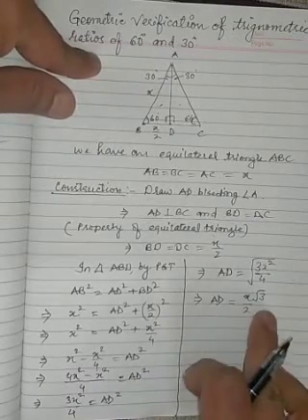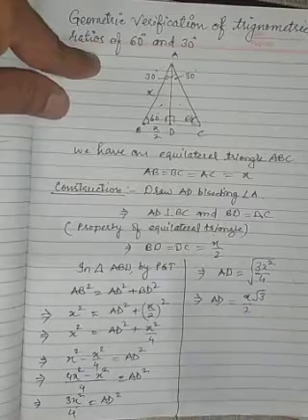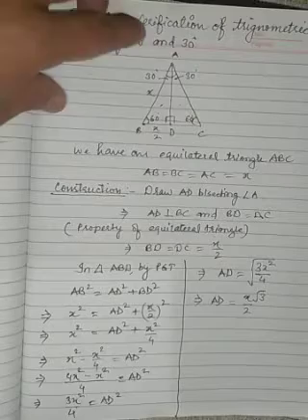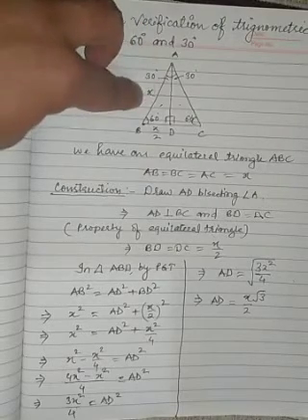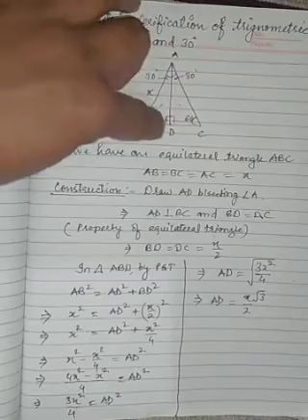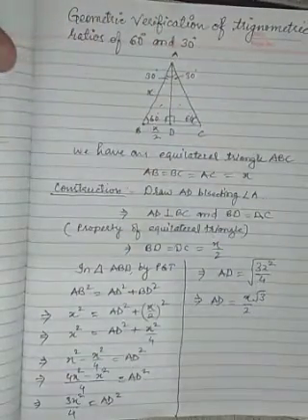So AD is equal to x root 3 upon 2. So now we have all sides: AB equal to x, BD equal to x by 2, and AD equal to x under root 3 upon 2.